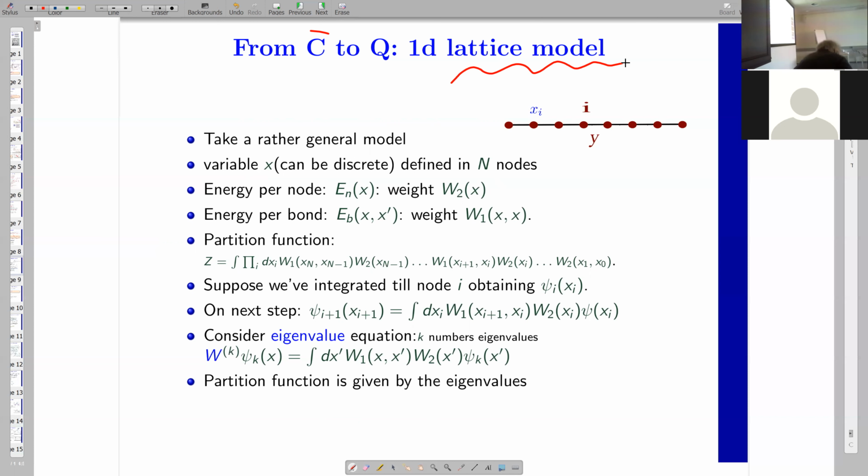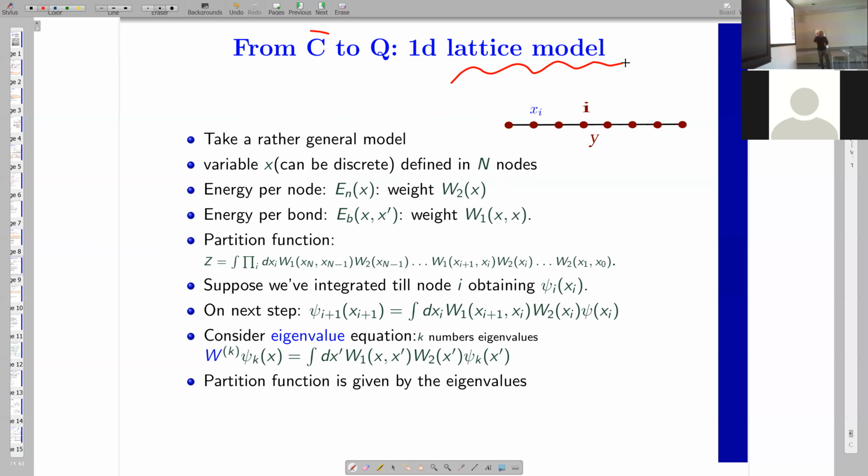Mostly for pedagogical reasons, I don't want to make it the Ising model from the very beginning, although the Ising model will become an application of this technique. But it looks very much Ising-like.